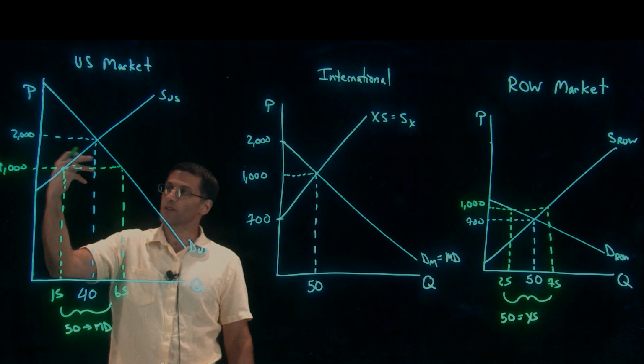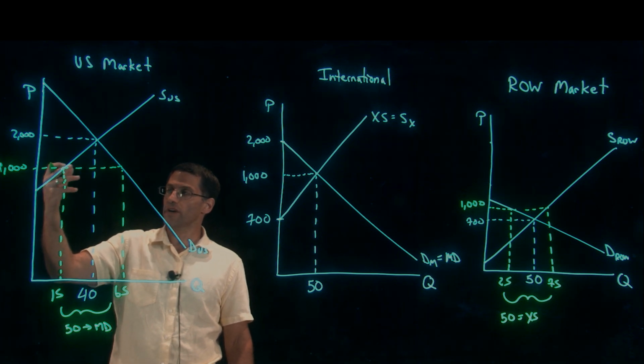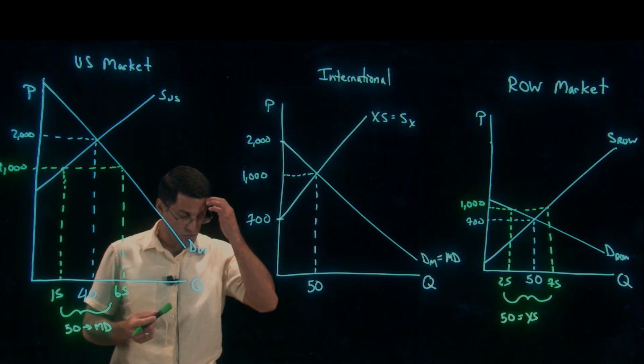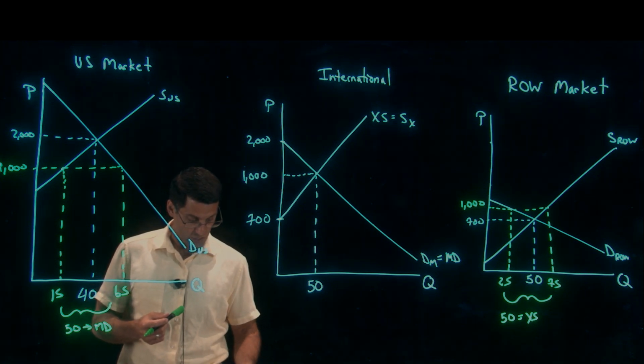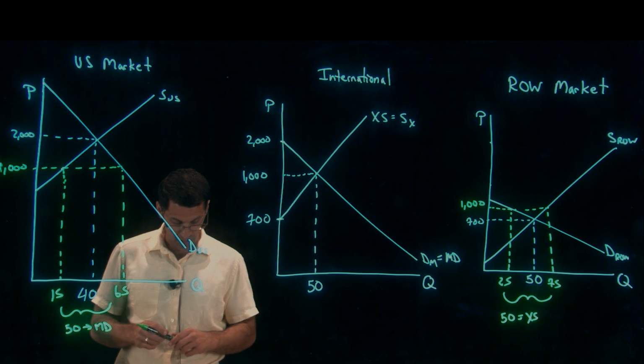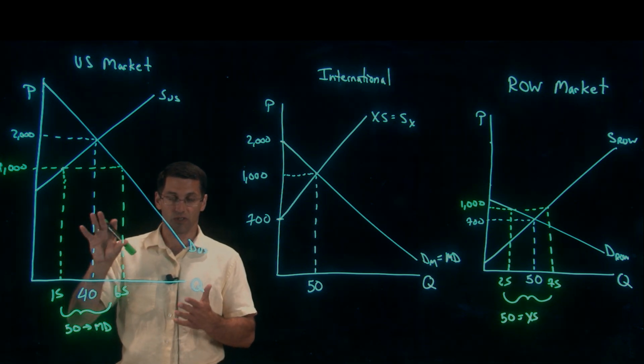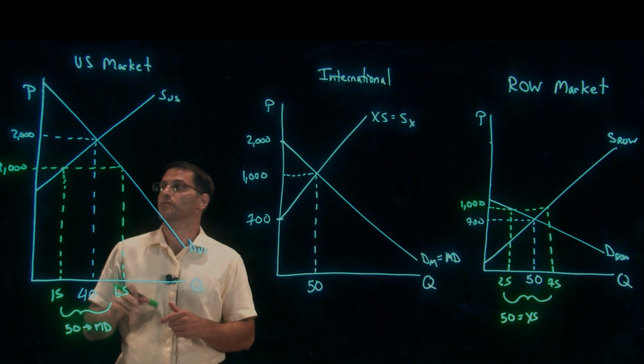But what happens now when the price falls from 2,000 to 1,000? What's going to happen to that consumer surplus? I'm going to make sure I use the same labels for these different areas that our book uses, just so it's easier for you to follow along.